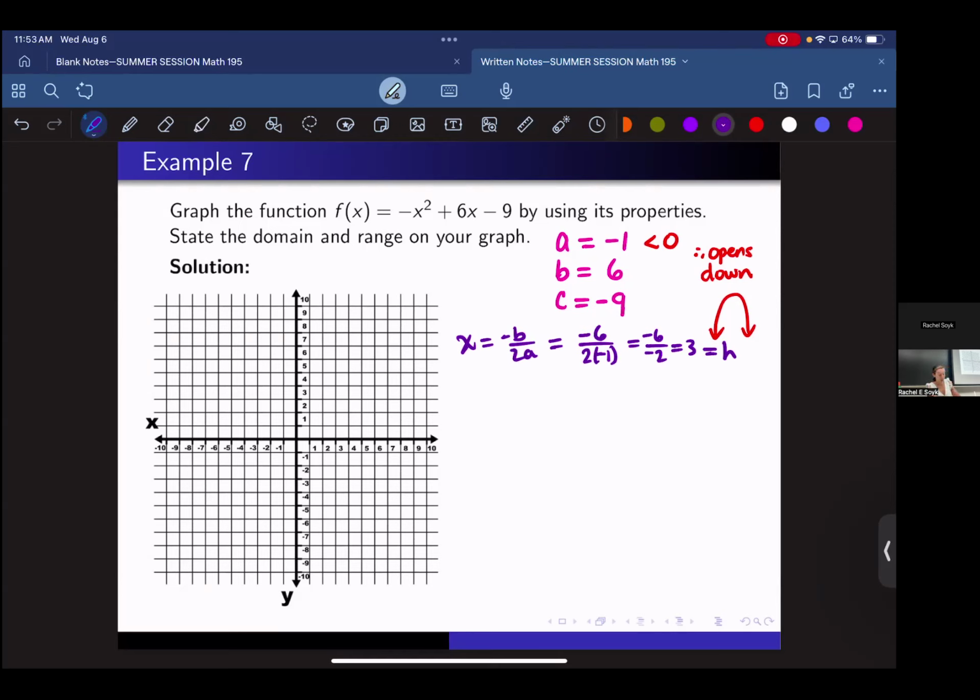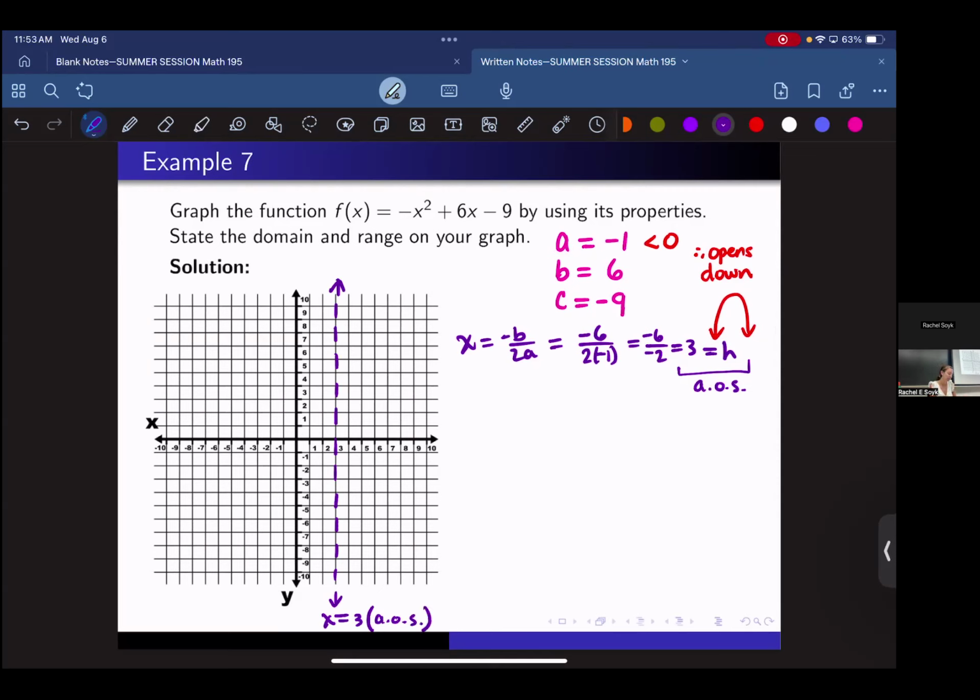And now, I'll maybe label this as axis of symmetry. I always like to graph it by a dashed line. So that's where it splits in half. And we're going to label it x equals 3 in parentheses axis of symmetry.